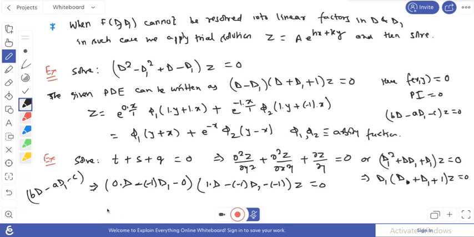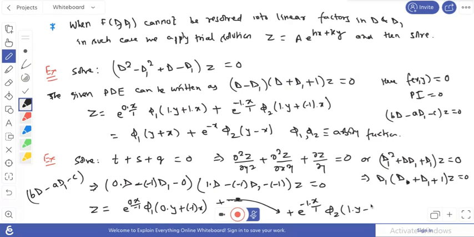So what is your general solution? So z equals to e to the power 0x over minus 1 and your function phi 1 0 into y plus minus 1 into x, this first part, and second part we can write here plus e to the power minus 1 into x by 1 and phi 2 of y minus 1 of x.